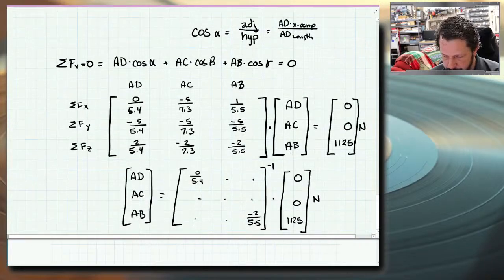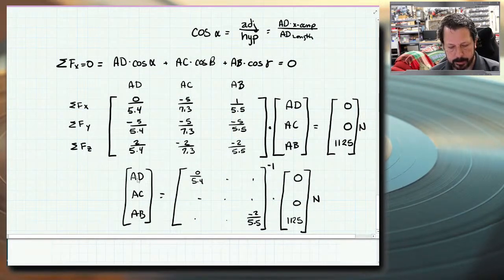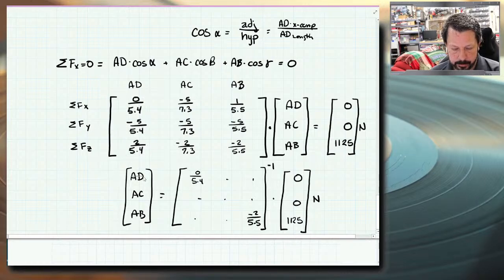I don't know if I pointed it out, but the order works like this: whatever column you use here, so I used all the AD coefficients, that column is going to be the first number that comes out of your answers. And whatever you put in the second column, all of those coefficients, so that's all the AC coefficients, that comes out in the second spot.